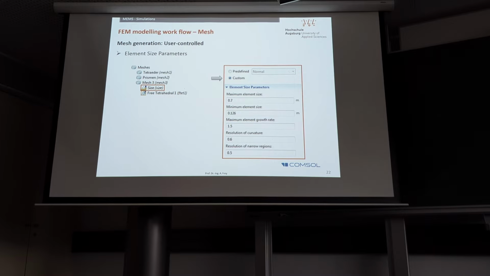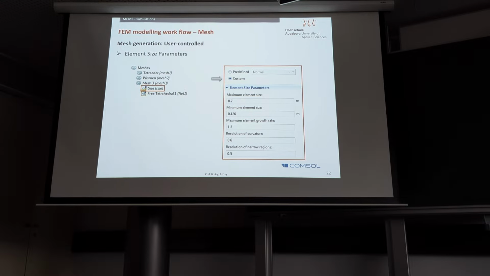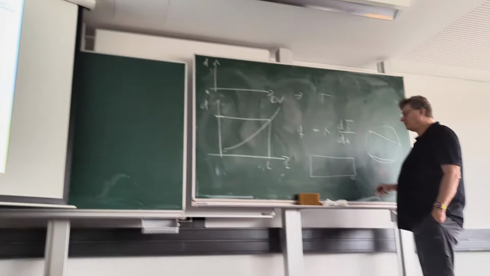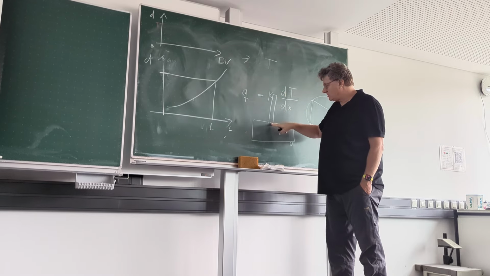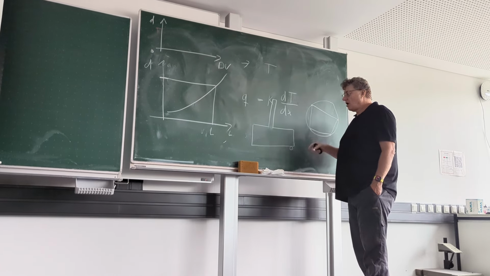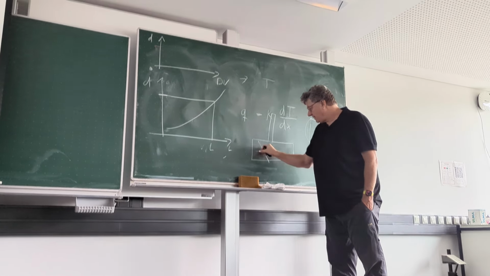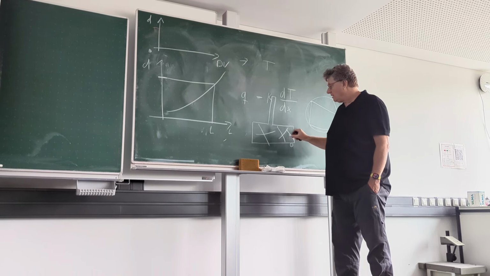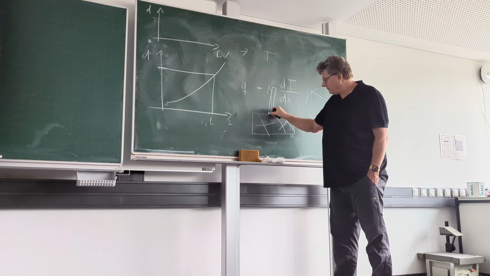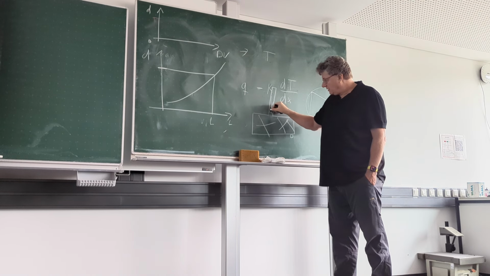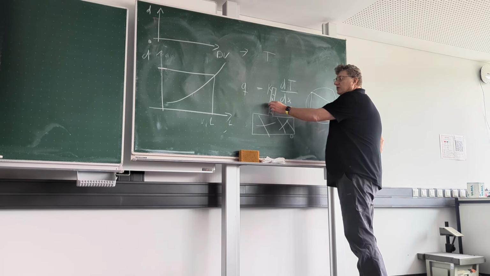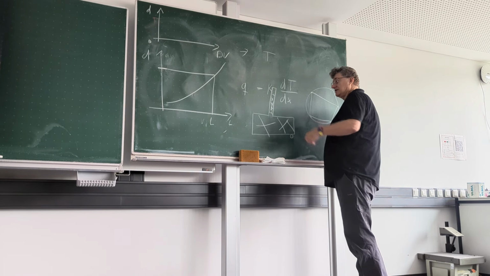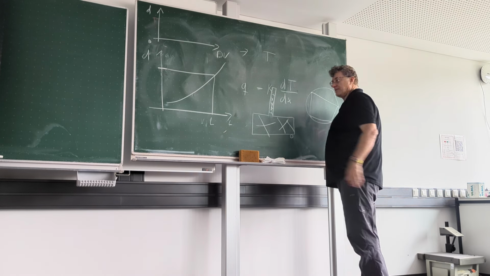Let's say instead of only having such a boring square as a geometry, for some reason you also have such an extension. Obviously here you could have a quite coarse mesh, but that is not good for that small region. You should resolve this in a finer way depending on the dimension of this thing here.